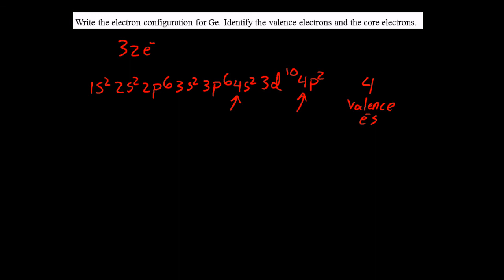And so even though the 4s is farther away from the nucleus, it is lower in energy. But it is still going to interact with other atoms way before those 3d electrons do. And so these 4 electrons, the 2 in the 4s and the 2 in the 4p, are valence. And then all the rest of these are core electrons, including the 3d.